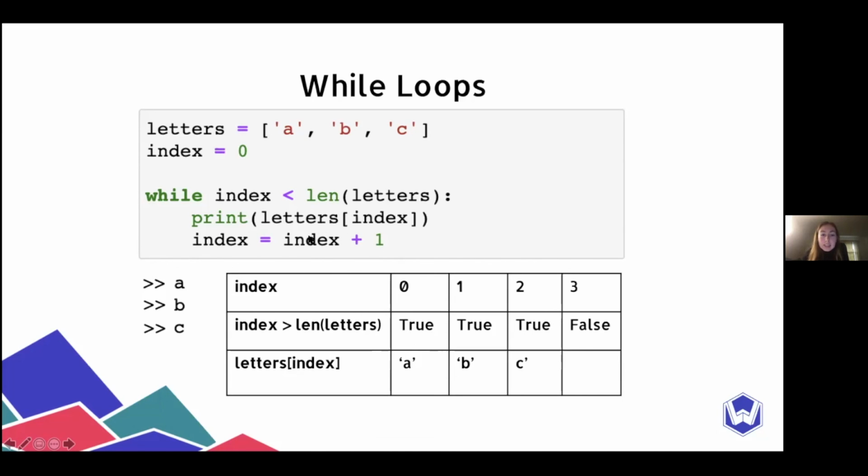Is it less than the length of letters? True. And then we print out the letter at that position, B. Then we add 1 to index, it becomes 2, and so forth. And on the final iteration, index is 3. When we add 1 to the index being 2 here, it checks, and index is not less than the value 3, the length of letters, and so it stops, it exits the loop.